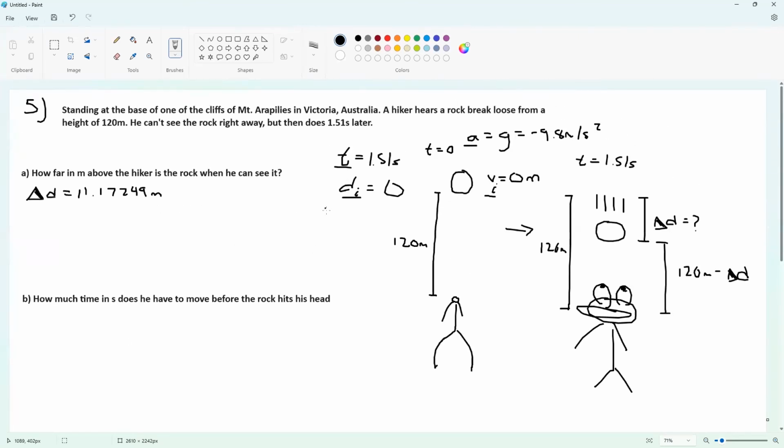Oh! Timeout. We didn't finish this first part. How far in meters above the hiker? We've only found the distance that it falls. We need to find the distance above his head, which is going to be this distance, 120, minus the distance we found, which is going to be 108.82751 meters.